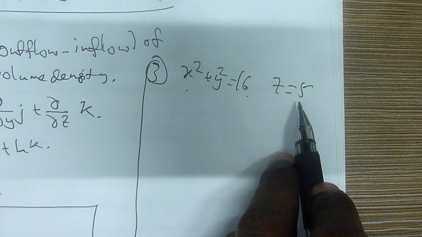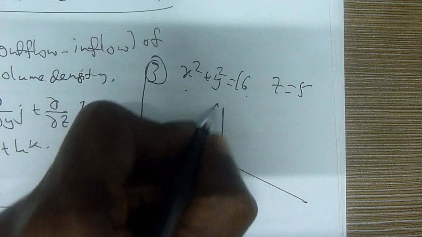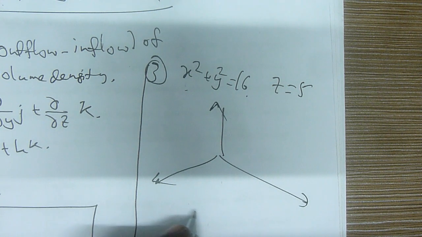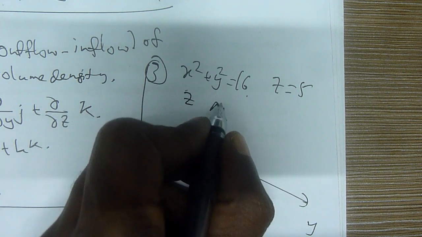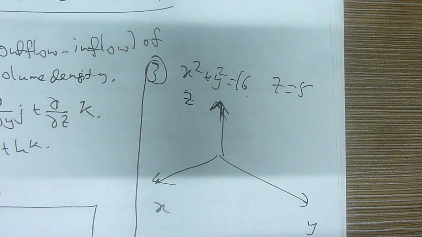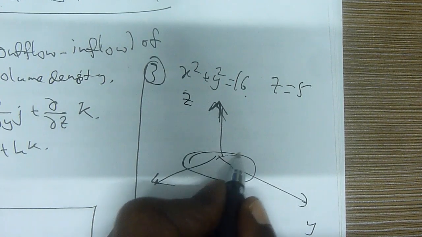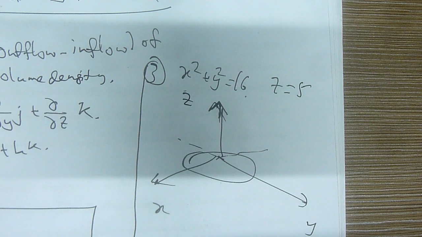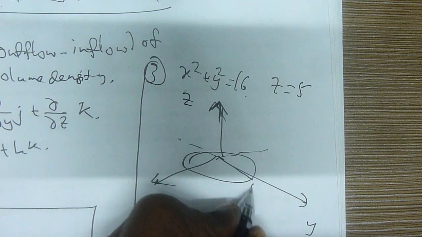Therefore, when you sketch for the 3 axes x, y, z, you can sketch this. Okay, it is a circle in the xy plane, and the radius is 4.